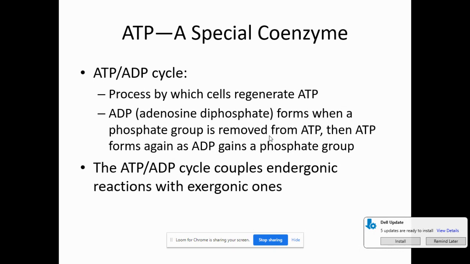Okay, so again, it's a cycle. When ADP gains a phosphate group, it becomes ATP, and when ATP loses a phosphate group, it becomes ADP. All right, and this cycle couples endergonic reactions with exergonic ones.